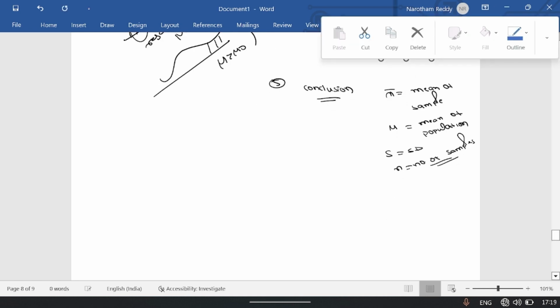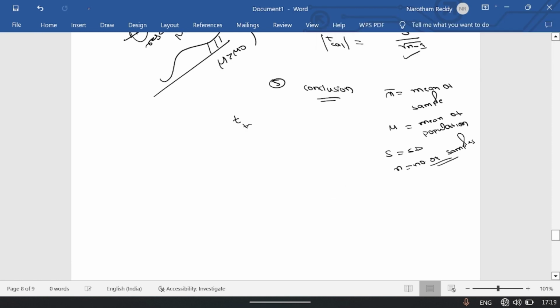Now coming to the conclusion. T tabulated value equals t for alpha, degree of freedom. If T calculated value is less than T tab value, then H naught is accepted.